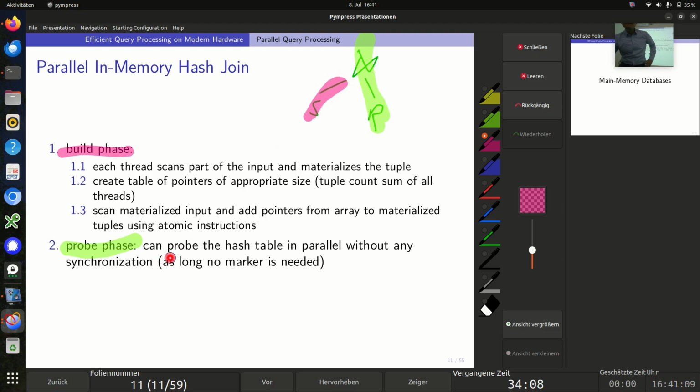And the probe phase is easy to do in parallel, because you have a big hash table with keys and values, and as it is read only, you can do it easily in parallel without synchronization.